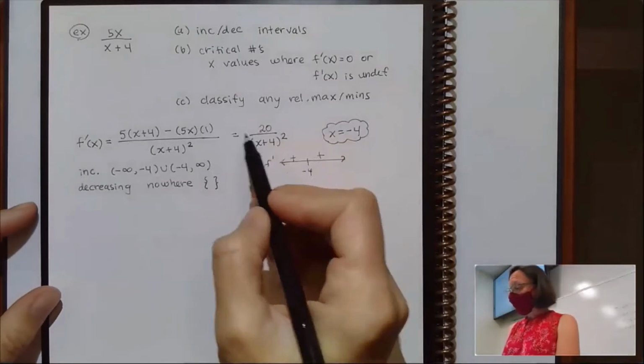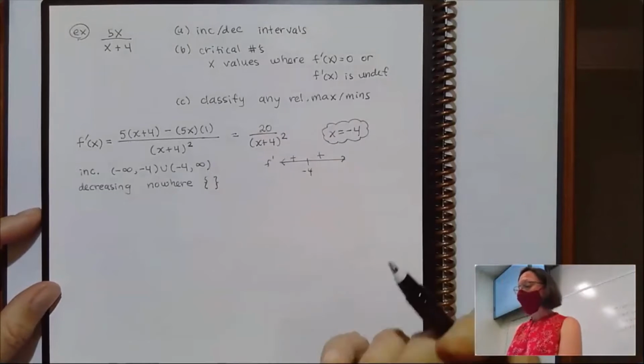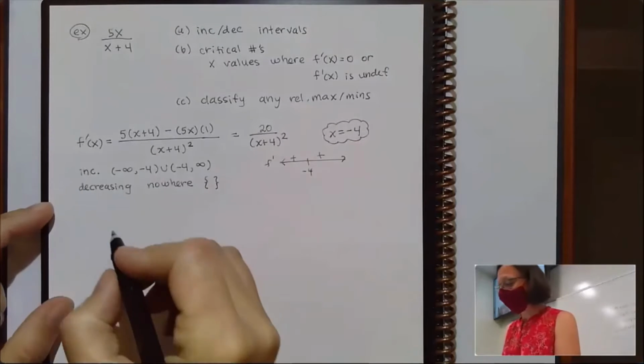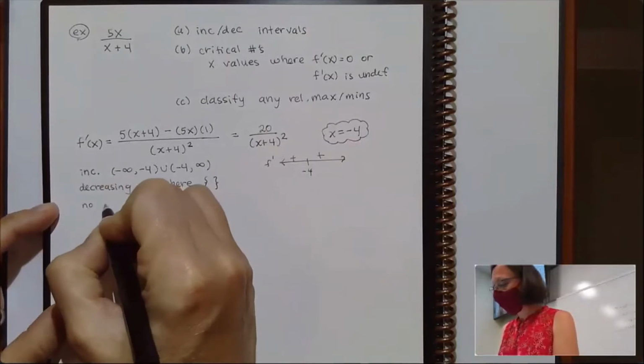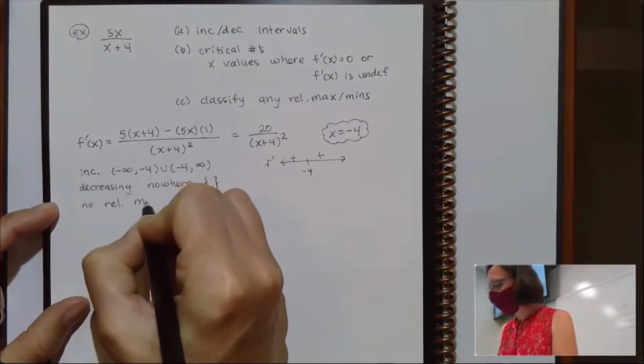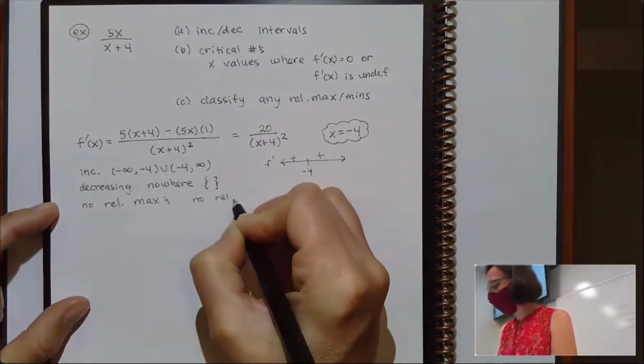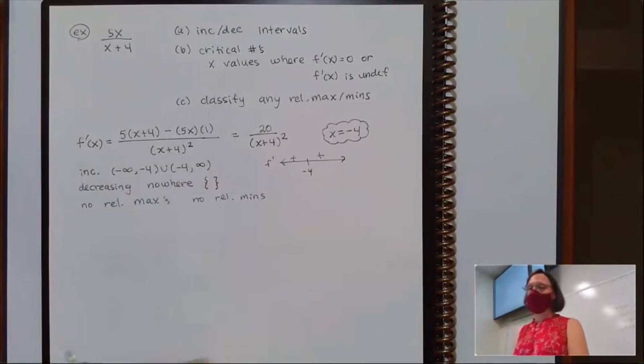Now, if we're going to classify any relative extrema, there are no places where my derivative is equal to 0. So there are no relative extrema. There are no relative maxes. And there are no relative mins.